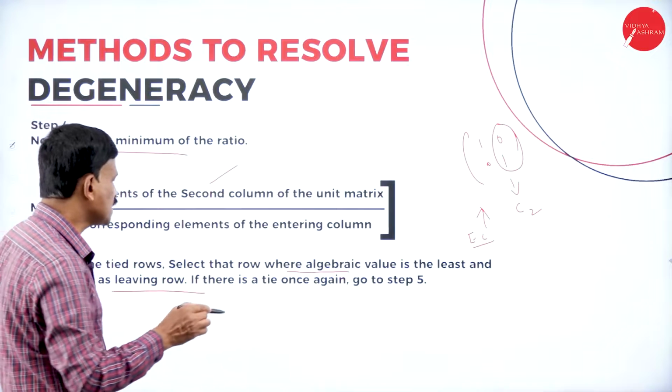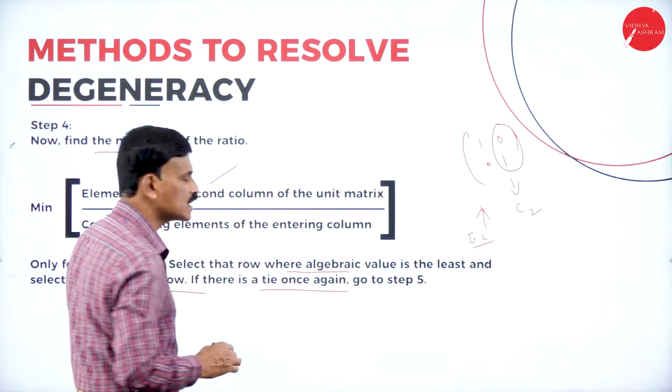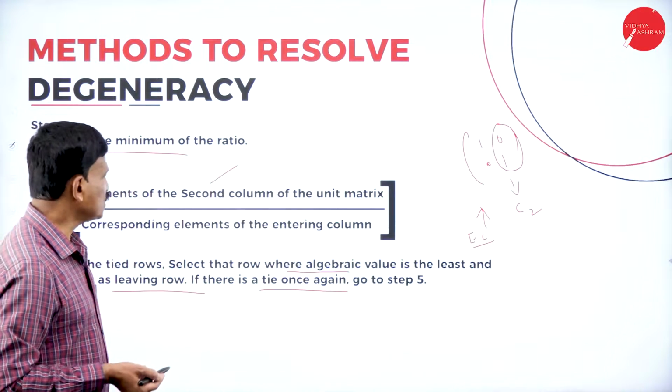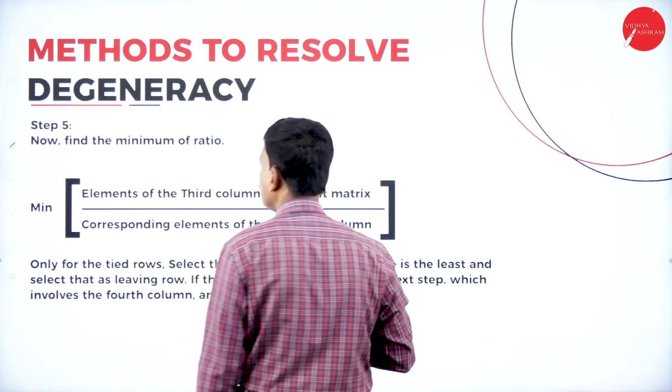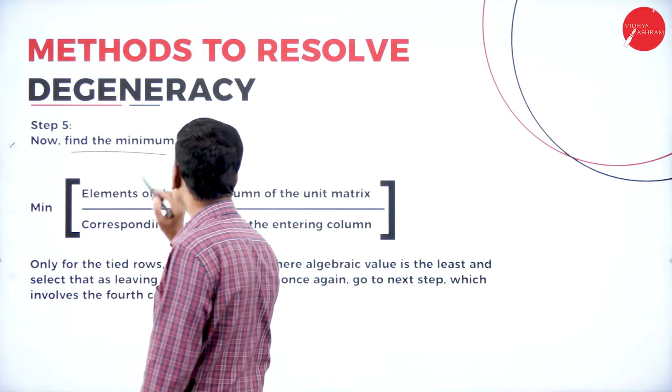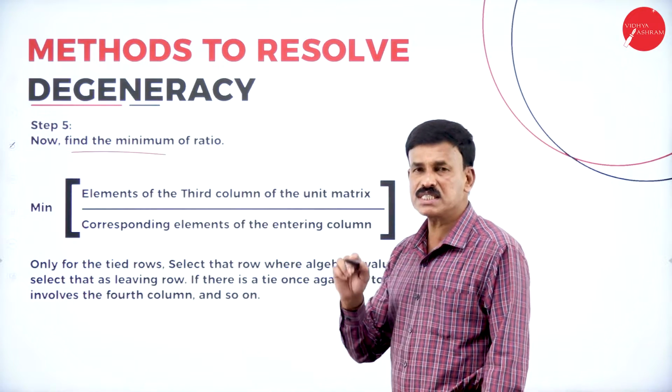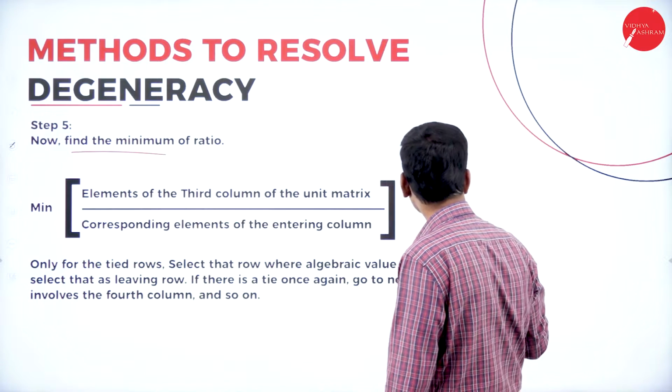In case there is again a tie, we have to go for the next step, that is step 5. Now find the minimum ratio, same procedure. First we considered the first column, then the second column.